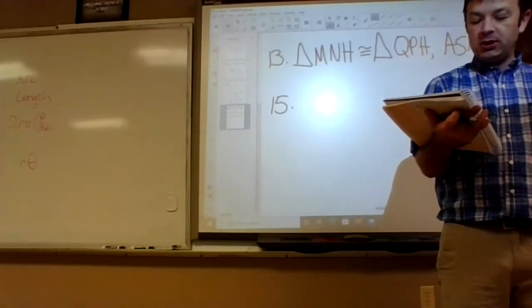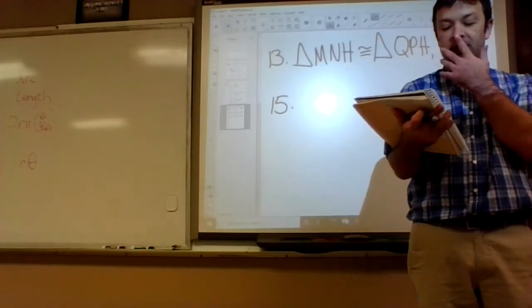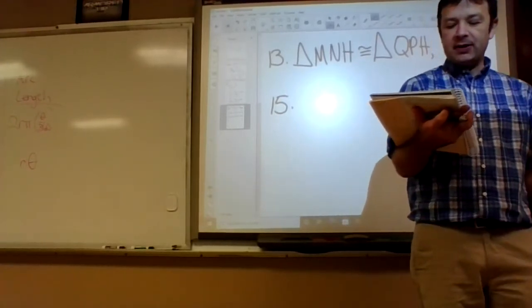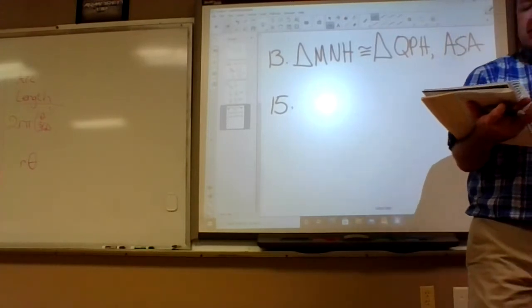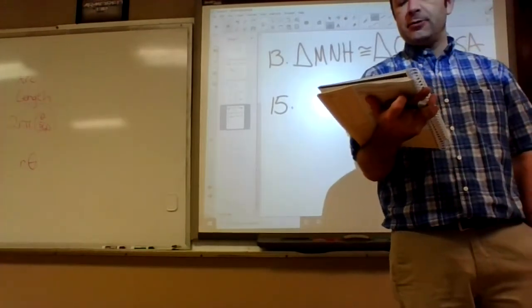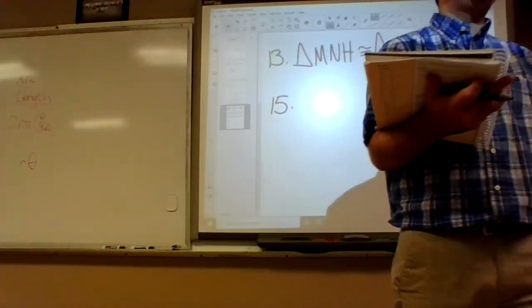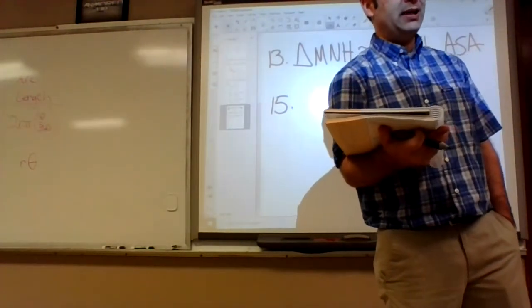On number 15, it's given that PQR is an isosceles triangle and that segment QS bisects the vertex angle PQR. So it's bisecting an angle, not a segment.